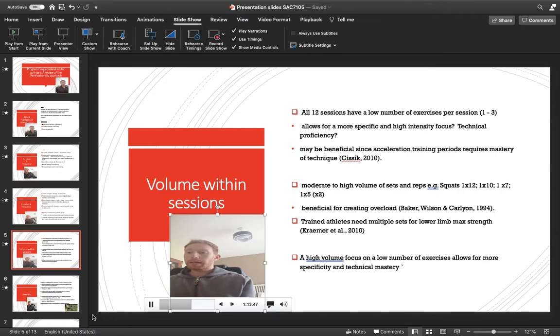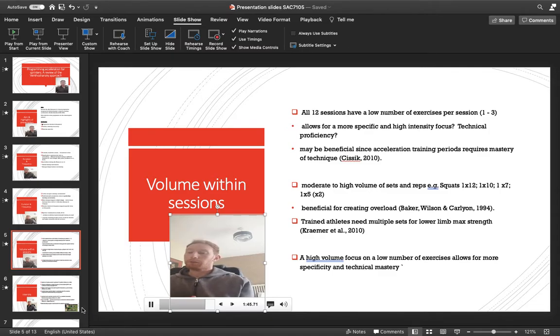In terms of the volume of the sets and reps of those low number of exercises, that's a moderate to high volume. Again, we're looking at the squats 1 by 12, 1 by 10, 1 by 7, 1 by 5 repeated twice. That high repetition, that high volume allows for technical mastery and can create an overload, as we can see from Baker. The study by Kramer as well shows us that trained athletes can benefit from multiple sets of lower limb max strength exercises.